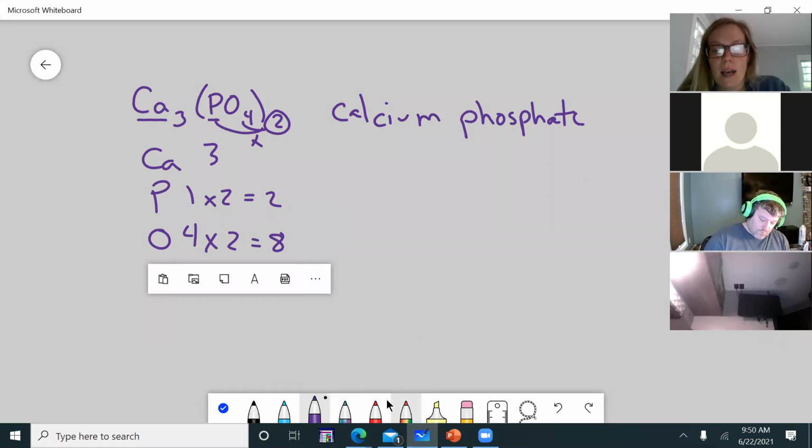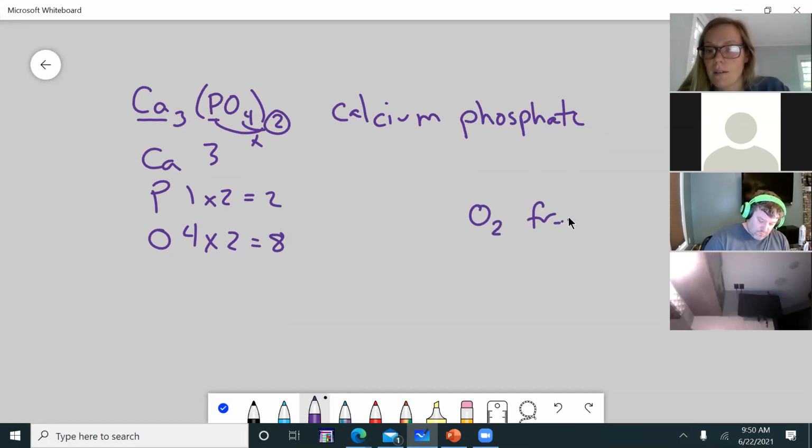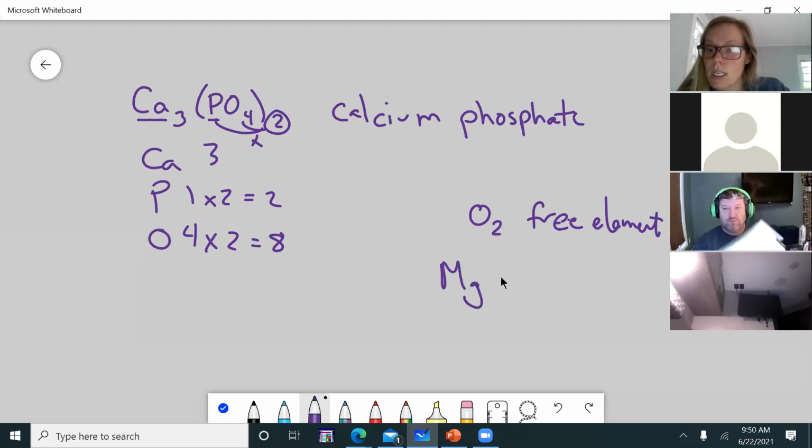If we have oxygen as a free element by itself, it is going to be O2. But let's say oxygen is bonded to something like magnesium. The formula for magnesium oxide is MgO. There is no 2 here. I will tell you in a couple minutes why there is no 2 here, but for now, you're just going to believe me, there's no 2 here.